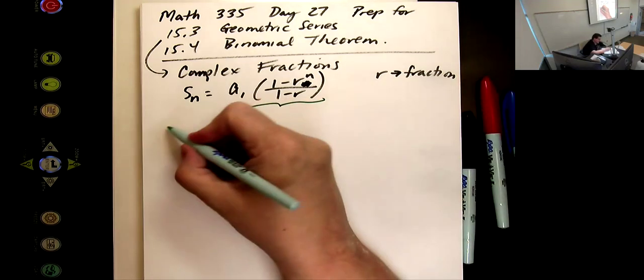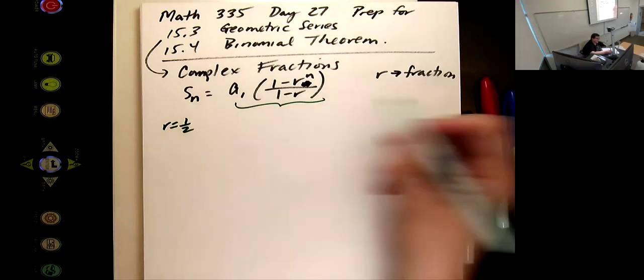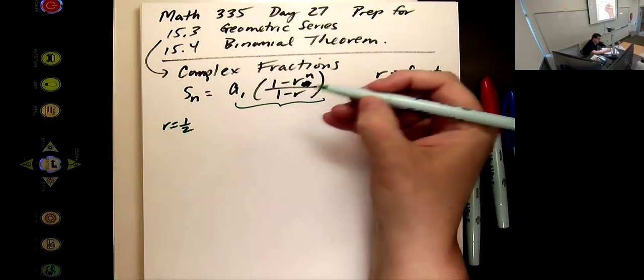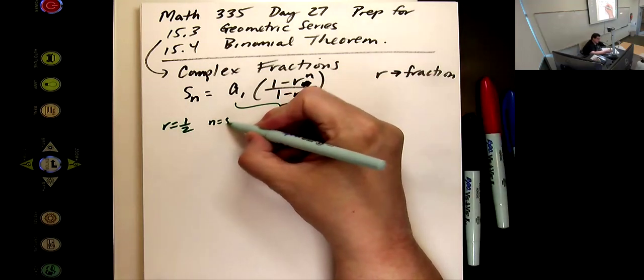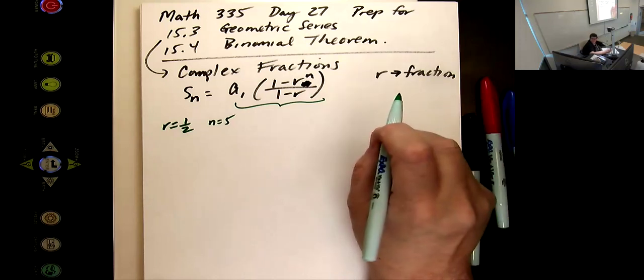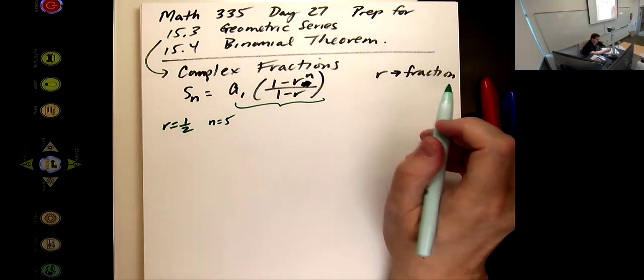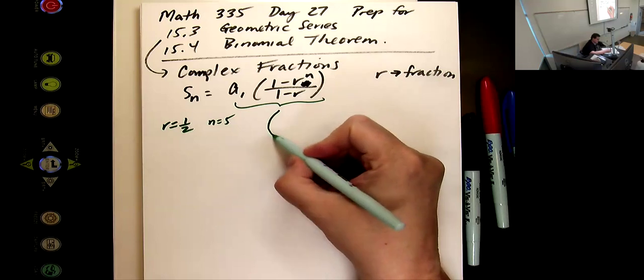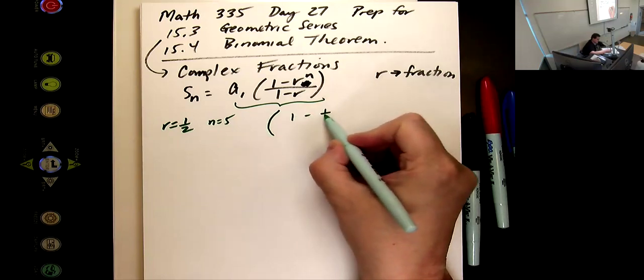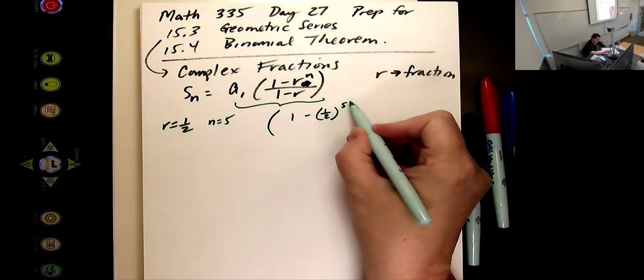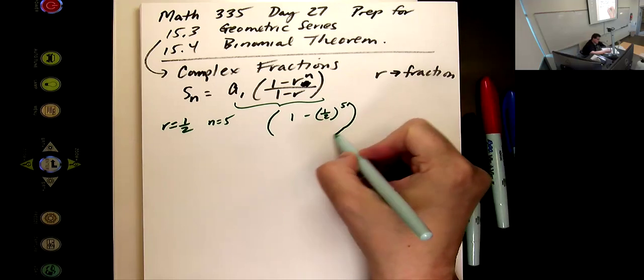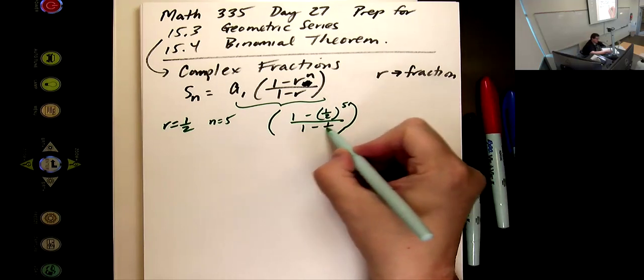Let's just start off with r equals 1/2, and we'll do n equals 5. So we are looking at 1 minus 1/2 to the 5th power over 1 minus 1/2.